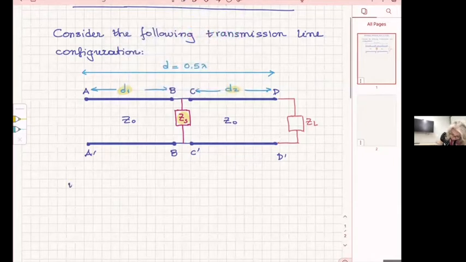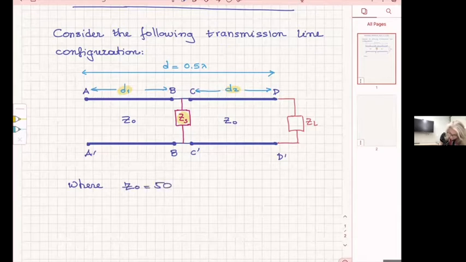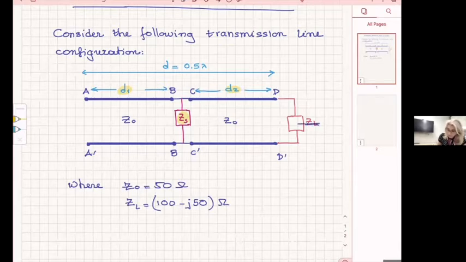Where Z naught is 50 ohms, ZL is say 100 minus j50 ohms. In fact, what I can do, just as a variation, is instead of having that ZL, have a resistor plus an inductor.